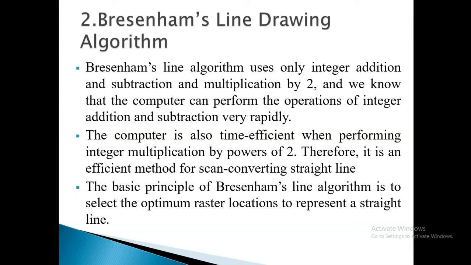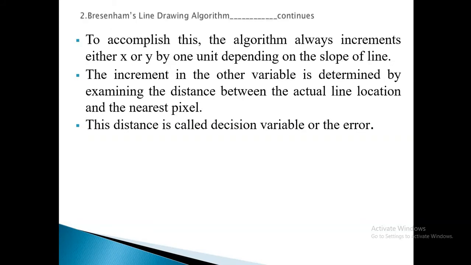That's why the computer can perform the operations of integer addition and subtraction very rapidly. Then the increment in the other variable is determined by examining the distance between the actual line location and the nearest pixel.